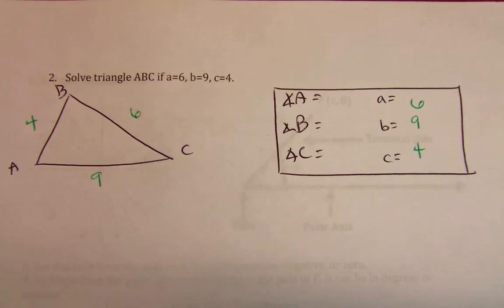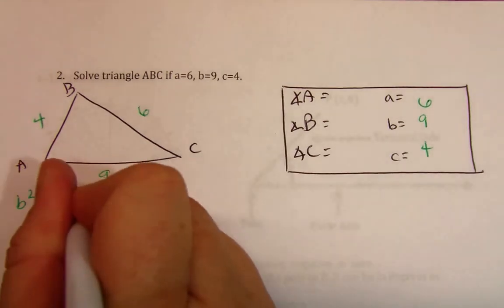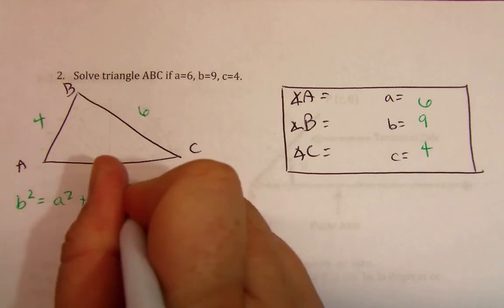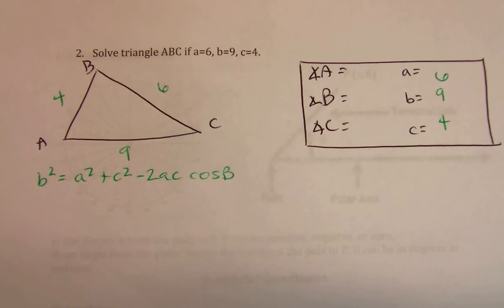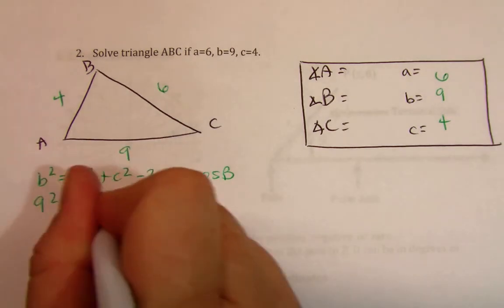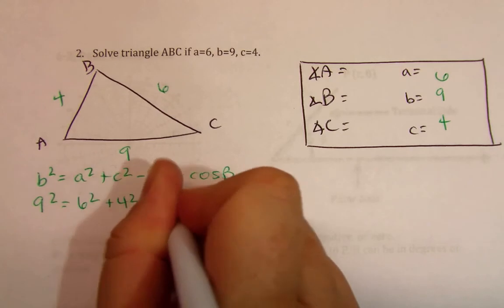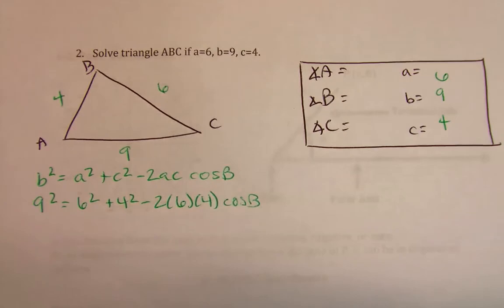So our biggest angle would be B. So B squared equals A squared plus C squared minus 2AC cosine B. And we are going to plug in all the stuff we know. 9 squared equals 6 squared plus 4 squared minus 2 times 6 times 4 cosine B.